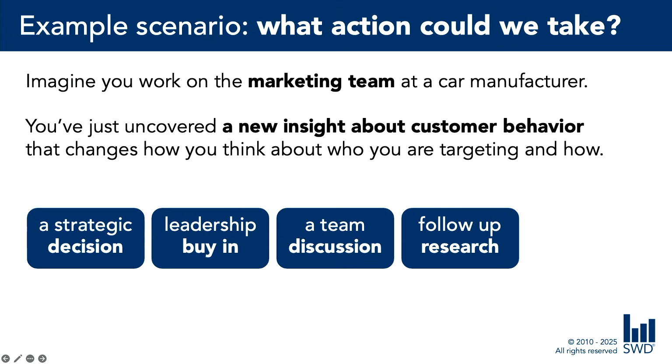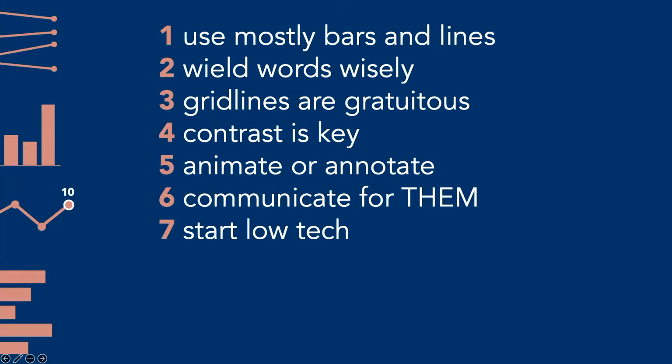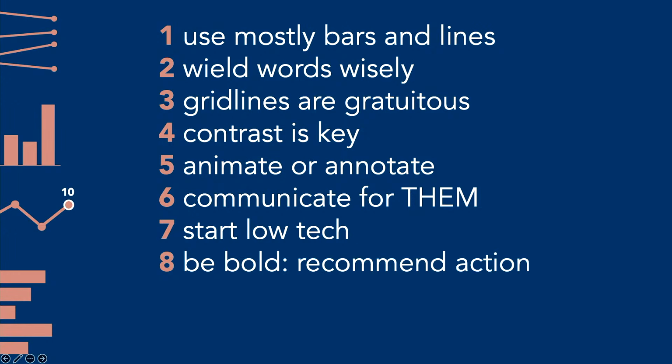Perhaps there's follow-up research that should be undertaken to confirm findings or better understand the impact. Or maybe there's a metric or goal that should be updated in light of this new information.